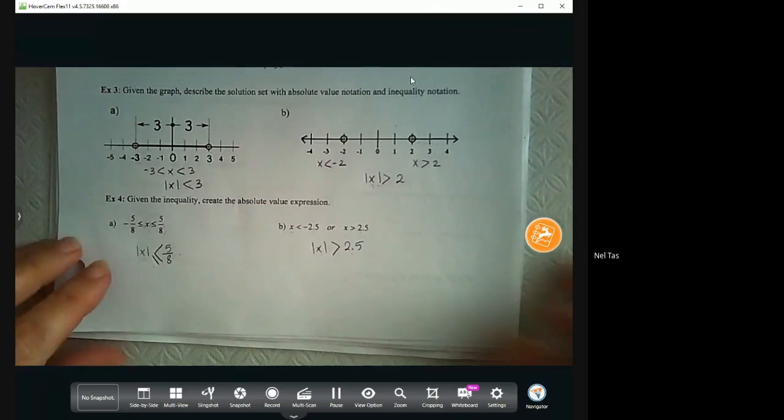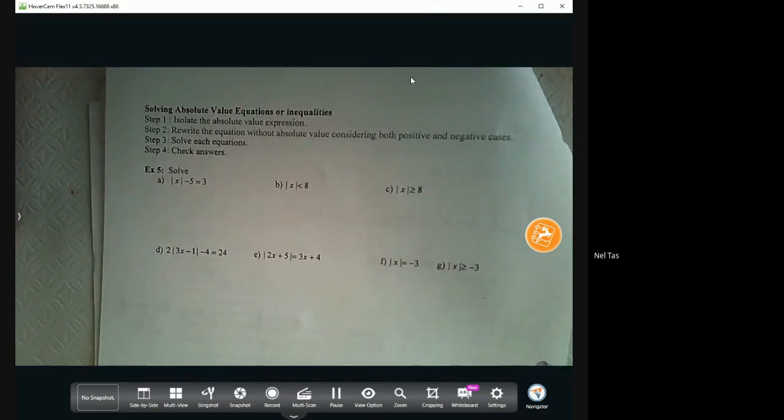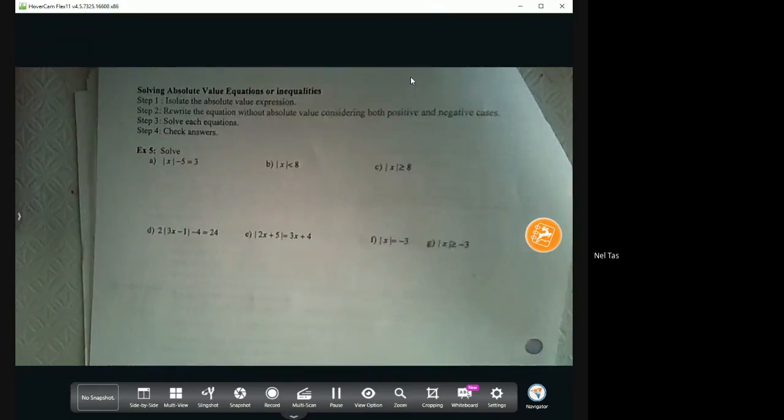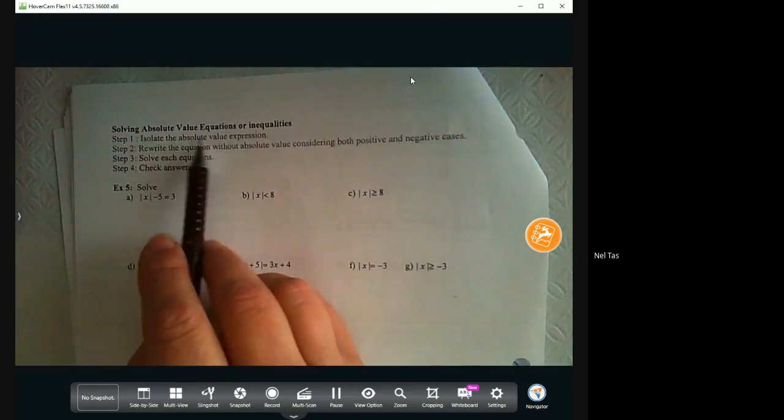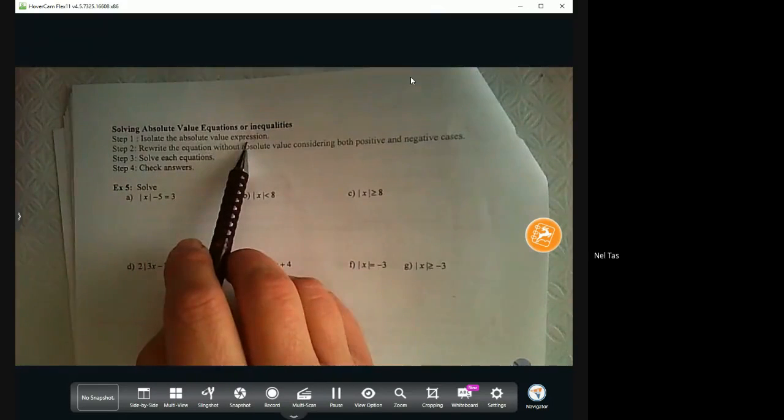All right, so let's go and look at the next page. So this time we are going to solve absolute value equations or inequalities. So we have some steps to follow. Okay, so step 1, isolate the absolute value expression.